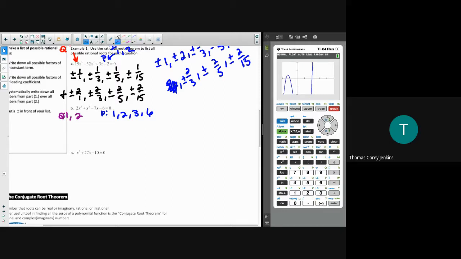Then we just have to remember it's p over q. So my one row would be plus or minus 1 over 1, and plus or minus 1 over 2. So check that off. Then I have plus or minus 2 over 1 and then 2 over 2.